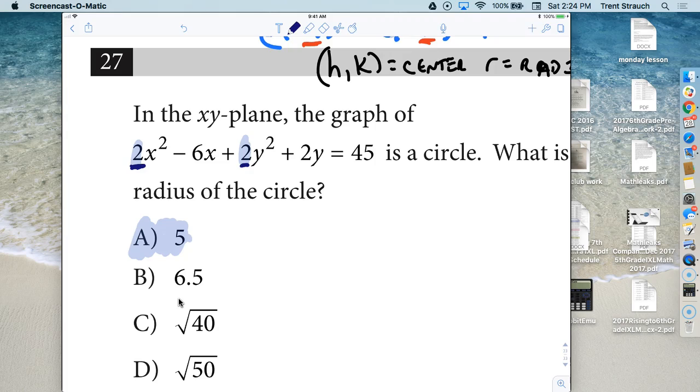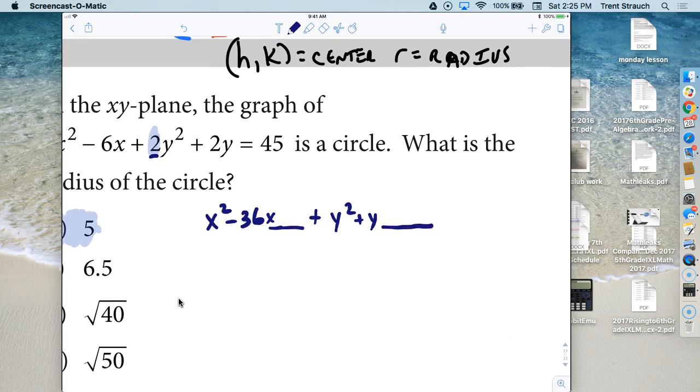When I divide everything through by 2, I get x squared minus 3x, and I tell my kids to leave a space, plus y squared plus y, leave a space, equals, and half of 45, I would just put down 22.5.